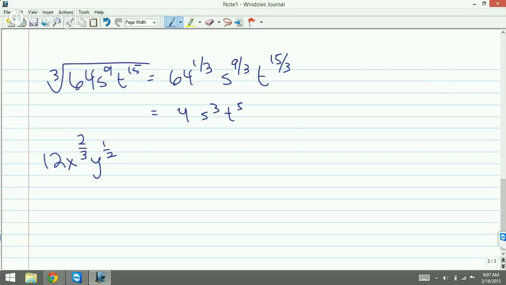Exactly. Okay, so how would I write this as a radical? So if you're asked to write it as a radical, notice, okay, if you notice from the top example, all those denominators are the same, right?